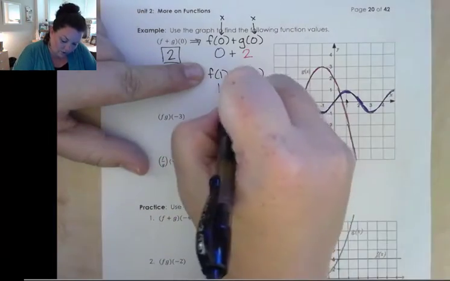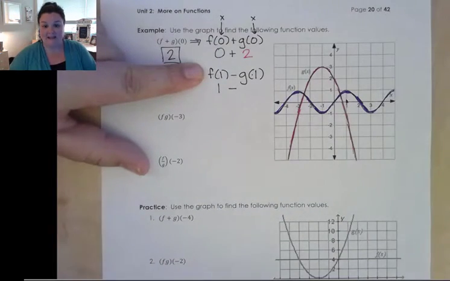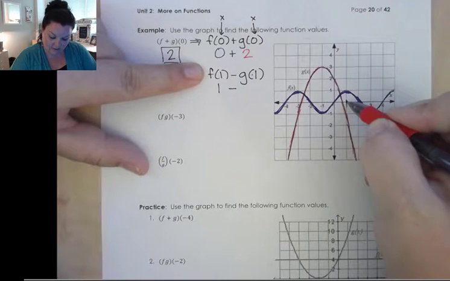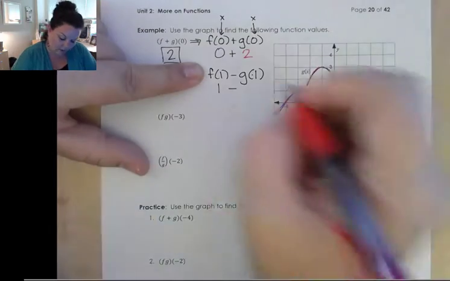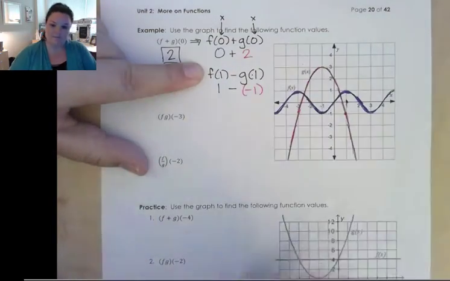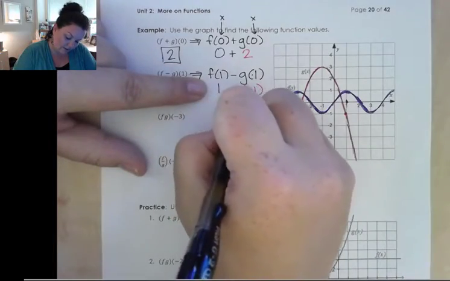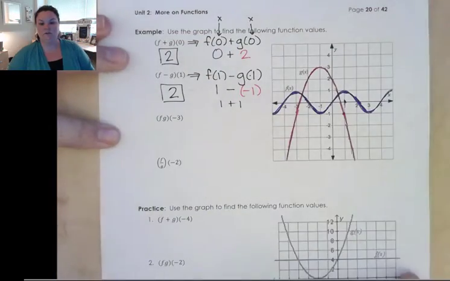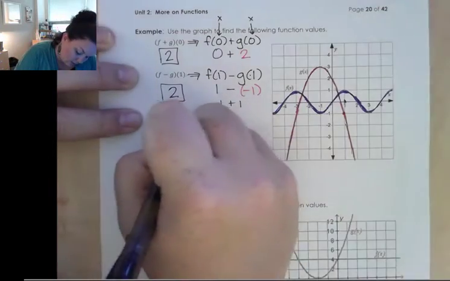And then I want to subtract my g y value when x is 1. So when x is 1, I trace it to my g curve, which is down here in red, and notice the y value at that point is negative 1. So double negatives make this a positive, so I get 1 plus 1, which means that this one also equals 2. Okay?